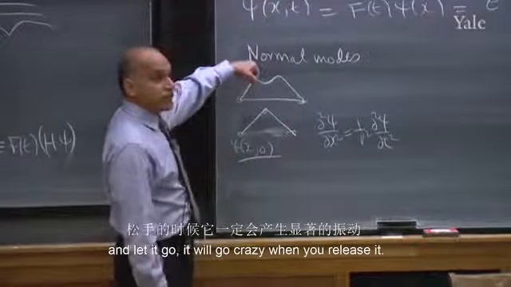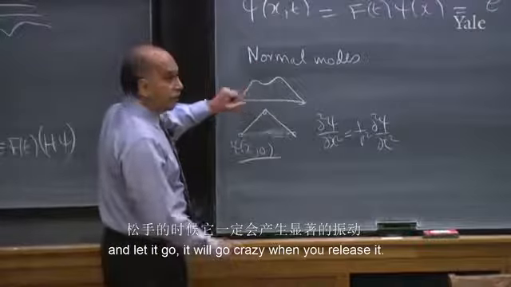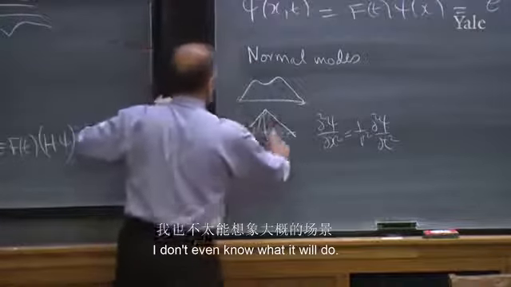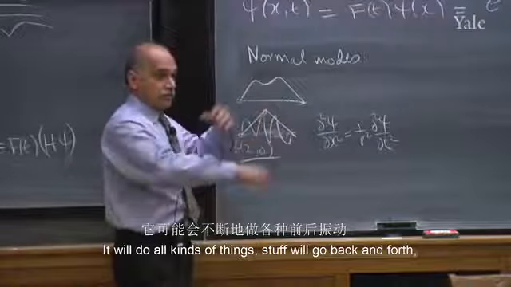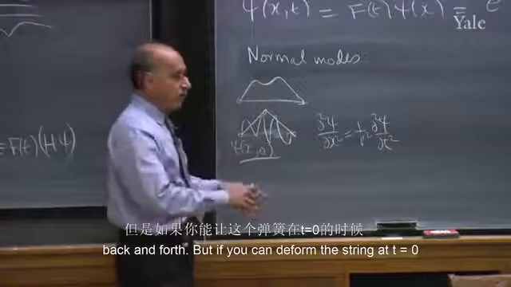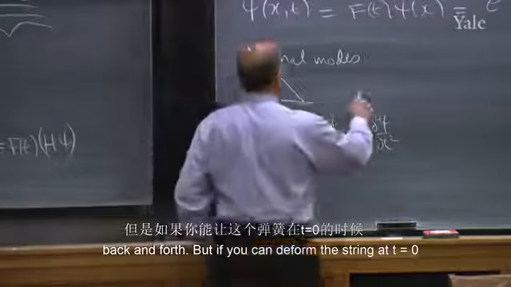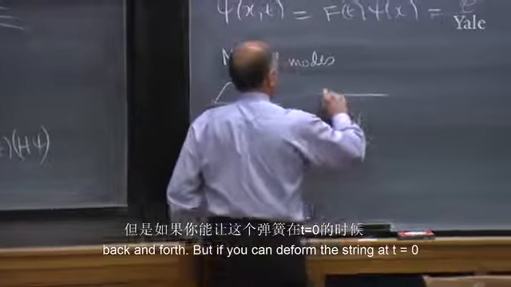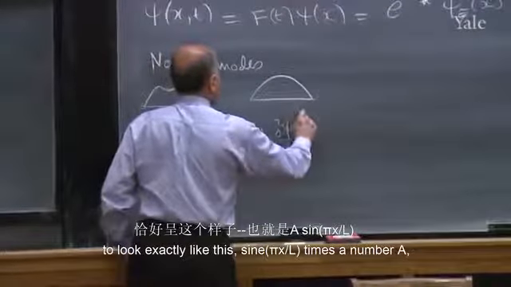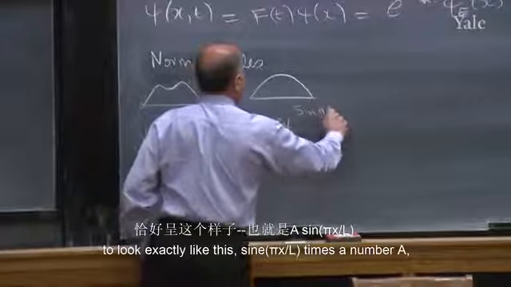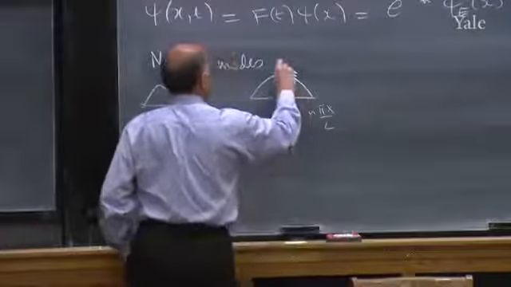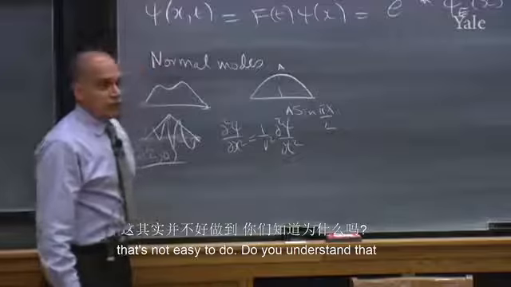If you pull a string like this and let it go, it will go crazy when you release it. I don't even know what it will do. It will do all kinds of things. Stuff will go back and forth, back and forth. But if you can deform the string at t equal to 0 to look exactly like this, sine pi x over L times some number a, that's not easy to do.